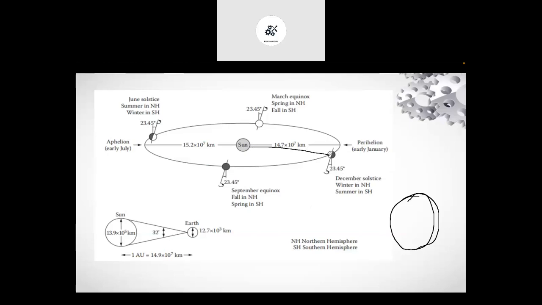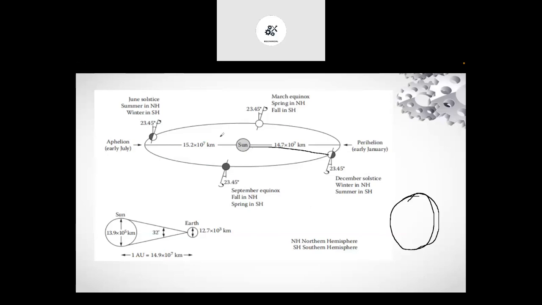The distance between earth and sun is maximum, so the radiation which is coming from the sun and incident on the earth surface will be the minimum. Okay, in that case. So you will observe this during the solstice days, which happen in June and another time in December.